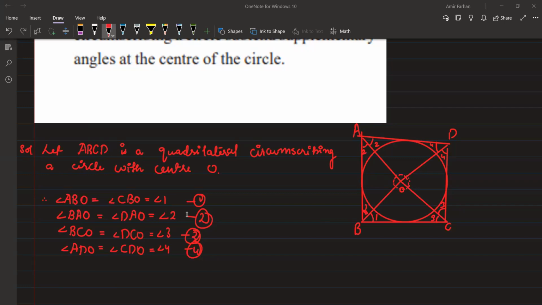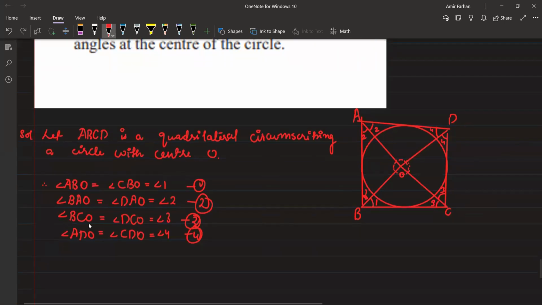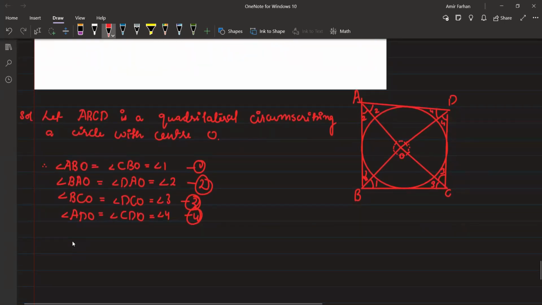So what is the sum of all the angles of a quadrilateral, Adil? 360.